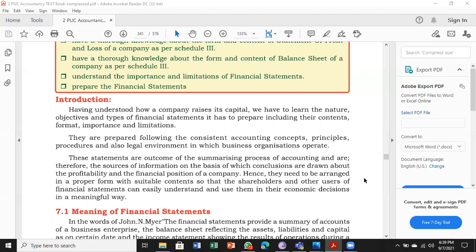Because every business wants to understand whether the business is earning profit or not, is the business in a good financial position, is solvent, or any problem is there with the financial health of the organization.